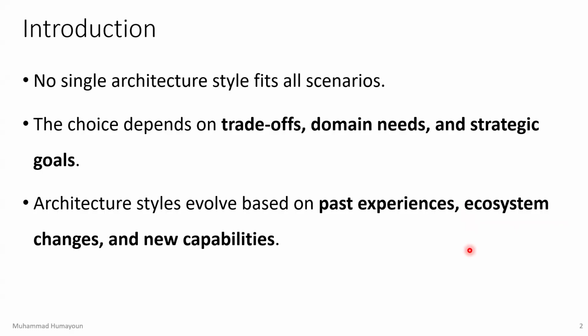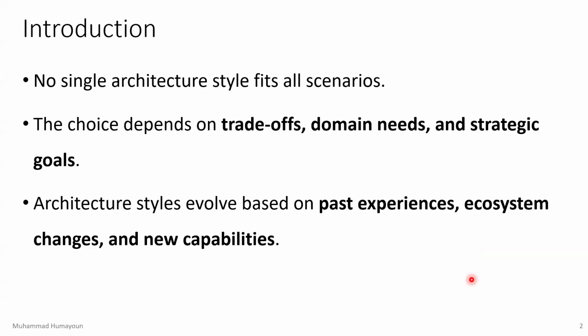Architectural styles evolve based on our past experiences, ecosystem changes, and the kind of technologies and capabilities we have in our hand. Those make it trendy what kind of architectural style we should use. We need to remember that just like fashion comes and goes, these architectural styles also come into fashion and go.